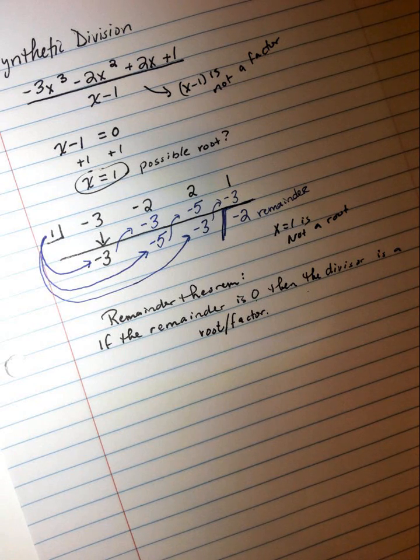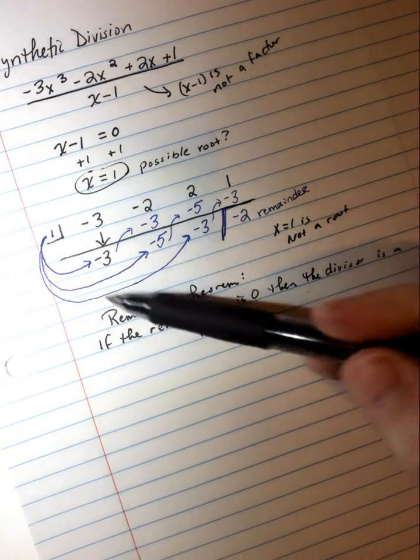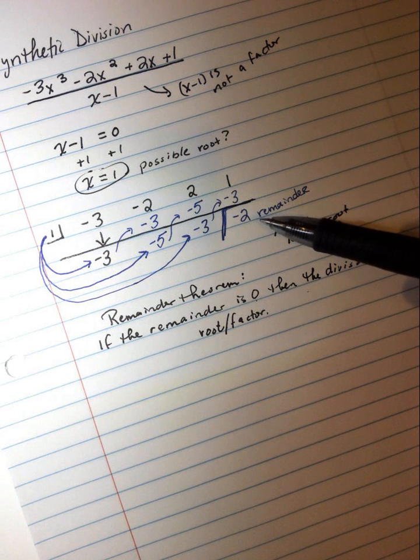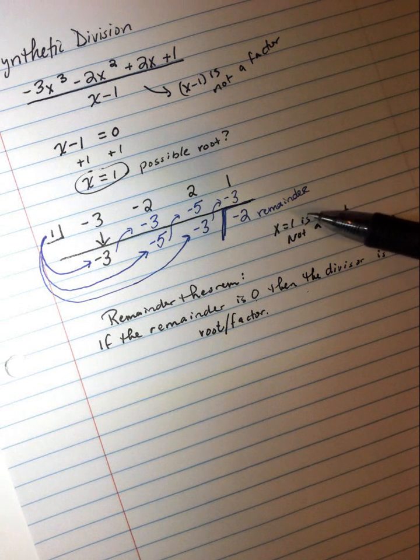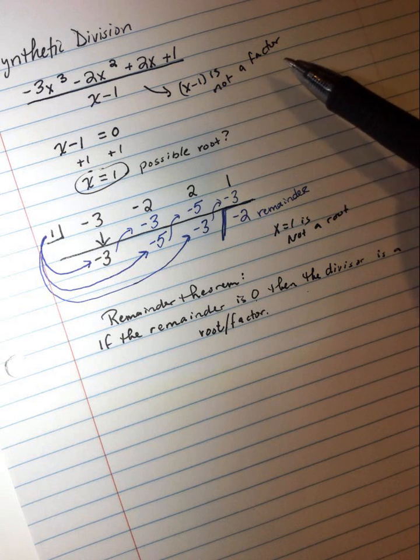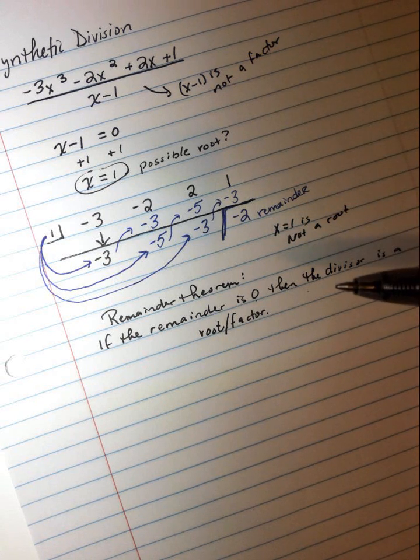It does not mean we can't divide, because we just divided. We did it right here. We just divided. But we figured out in the end that x equals 1 is not a root, meaning x minus 1 is not a factor. But what did we find out?